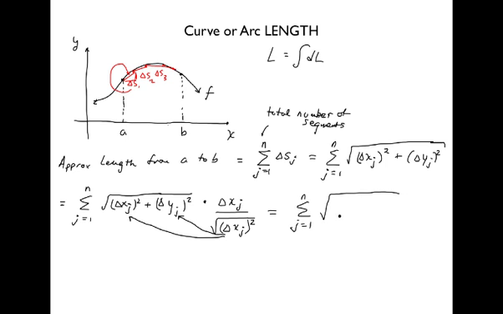So we're going to have, do you see that first term will be 1? And then the second term will be delta yj squared over delta xj squared, which is also delta yj over delta xj quantity squared, times delta xj.